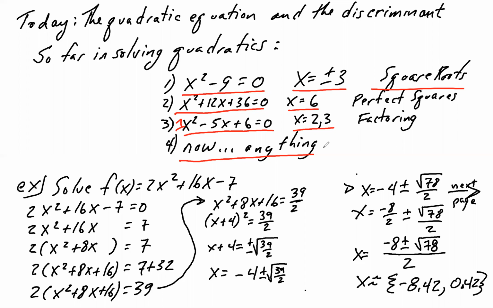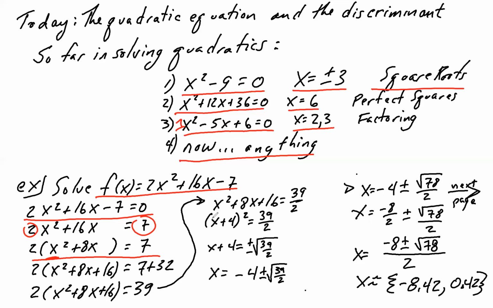So let's begin by using completing the square to solve a particular quadratic that doesn't have roots that are easily found. So complete the square. We set it equal to 0, send the constant over to the right. Now we divide everything by 2 to make my coefficient for x squared equal to 1.